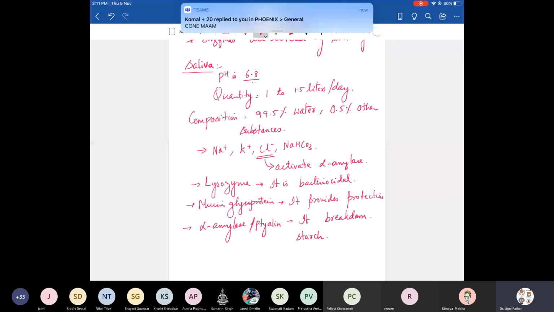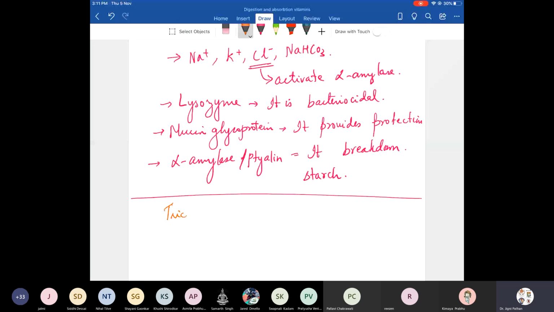So let us learn the trick for salivary glands and ducts. Please write down: trick for salivary glands and ducts.